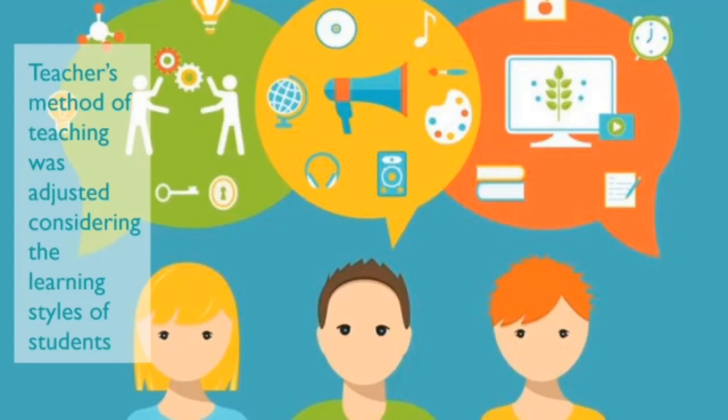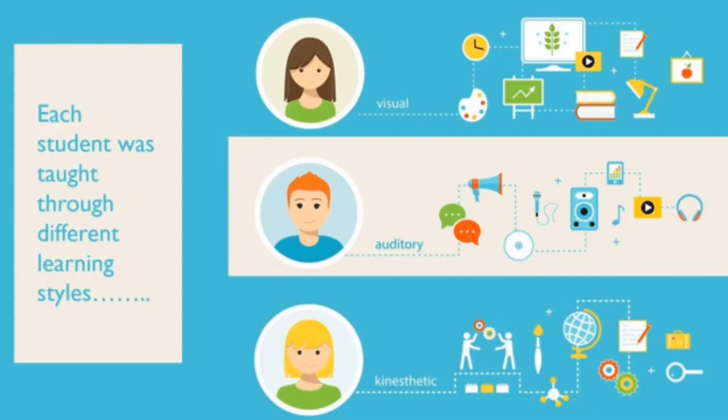Teachers' method of teaching was adjusted considering the learning styles of students. Each student was taught through different learning styles. As we know, there can be 3 kinds of learning: visual learning, auditory learning, and kinesthetic learning.